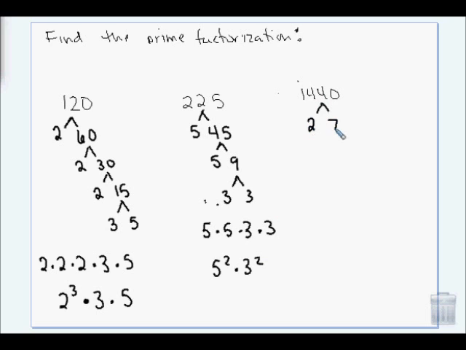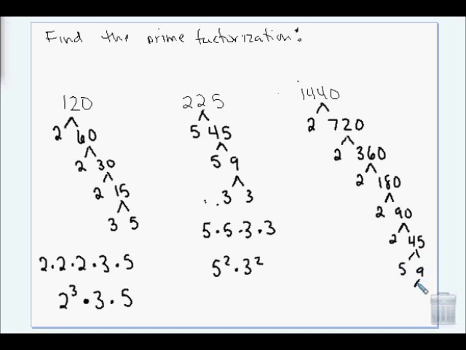This is 2 times 720, which is 2 times 360, which is 2 times 180, which is 2 times 90, which is 2 times 45, which is 5 times 9, which is 3 times 3.